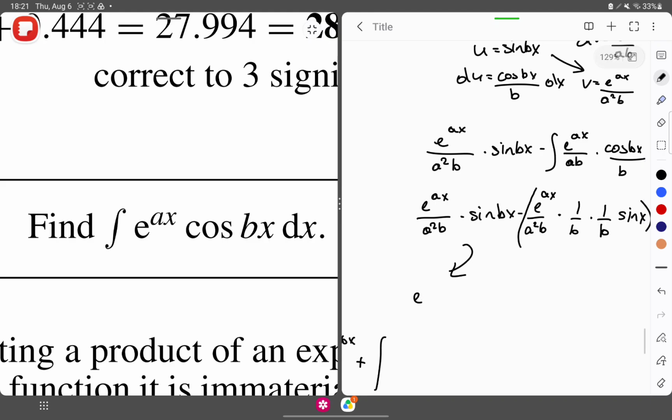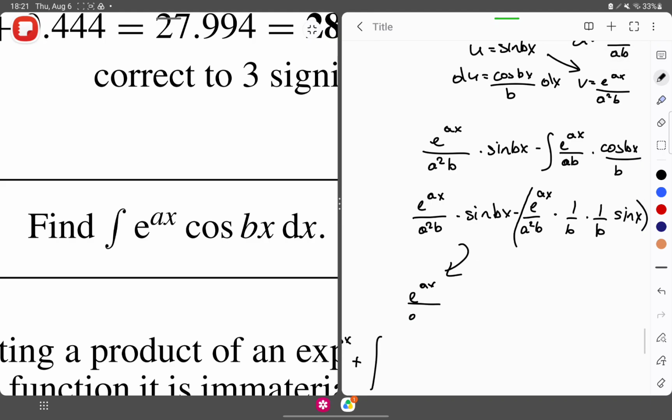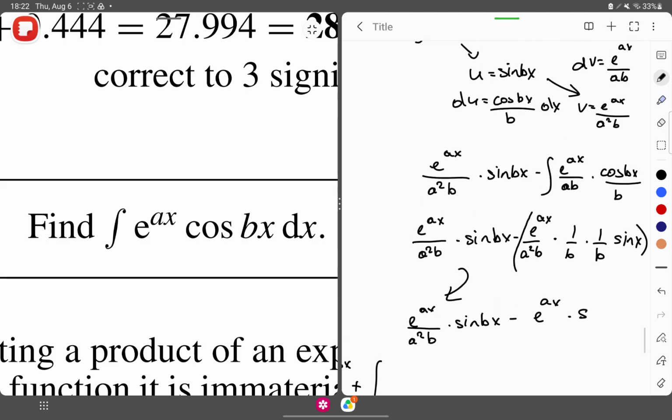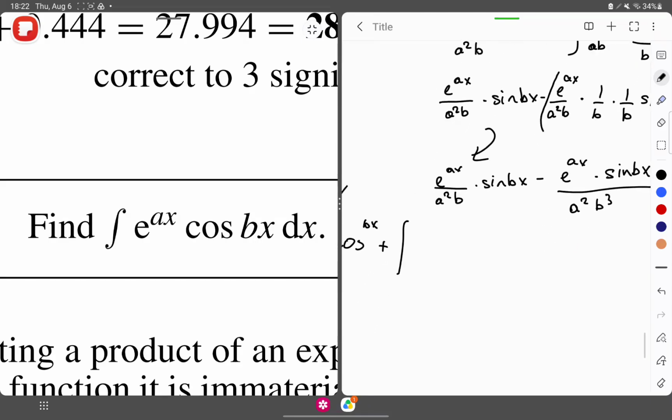E to the power of ax over a squared b times sine bx minus e to the power of ax times sine bx, not sine x, sine bx, over a squared b cubed. I'm pretty sure that it's not correct.